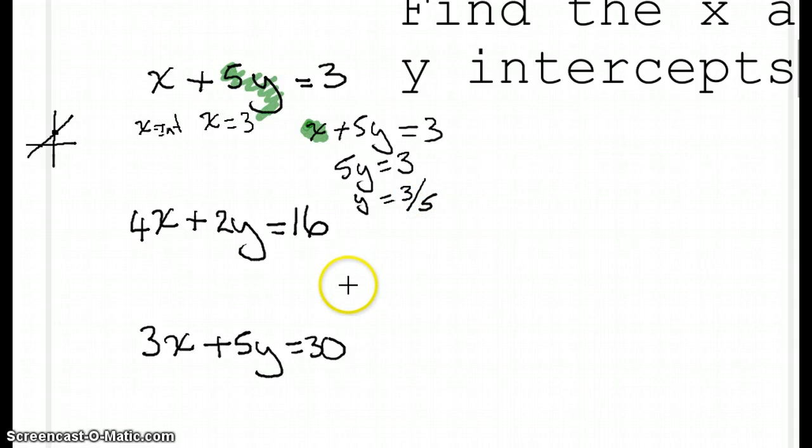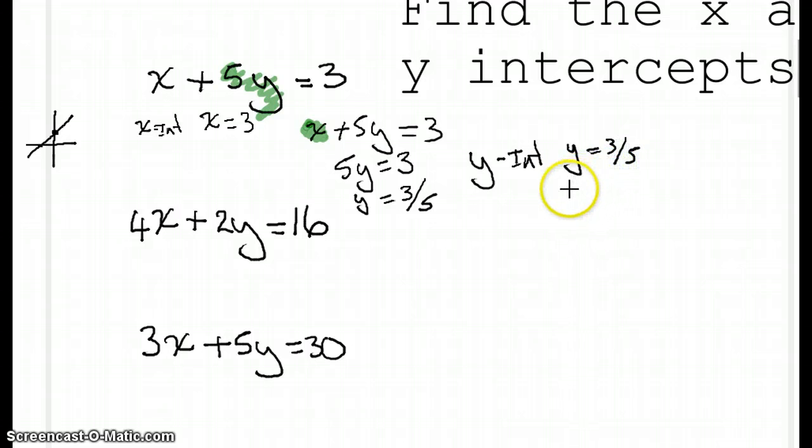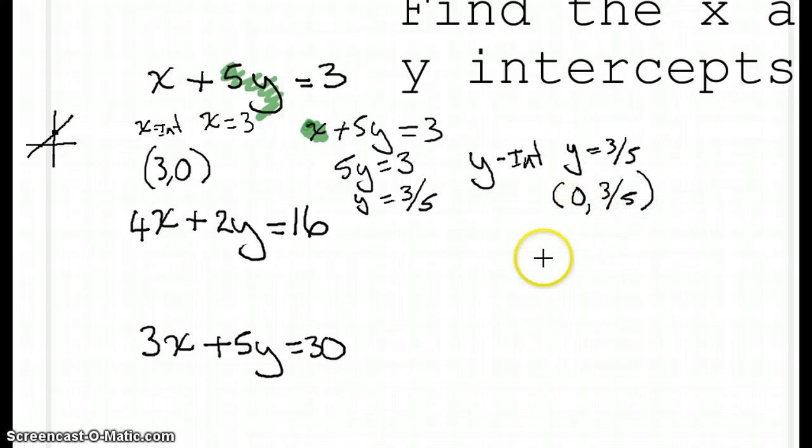Okay, so what is my y-intercept? My y-intercept is y equals 3/5. Now some of you might want to put these in ordered pairs. In other words, when x is 3, y is 0, x is 0, y is 3/5. And I'm okay with that.